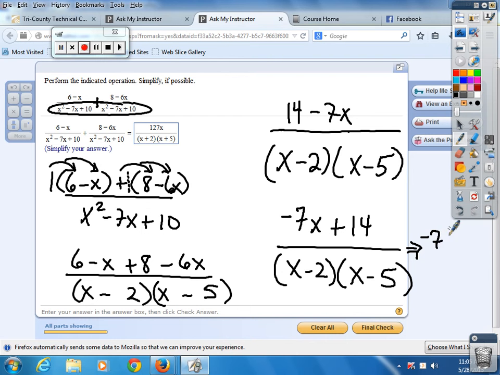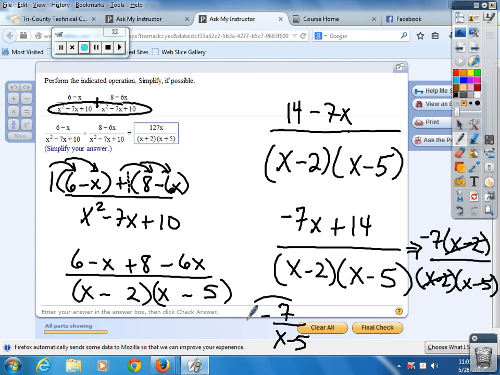Negative 7, and that's going to leave x minus 2 over x minus 2 times x minus 5, and the x minus 2's cancel, and your final answer is negative 7 over x minus 5.